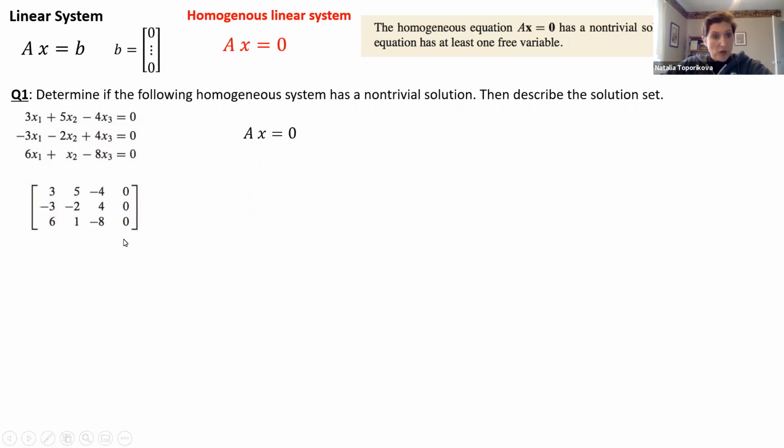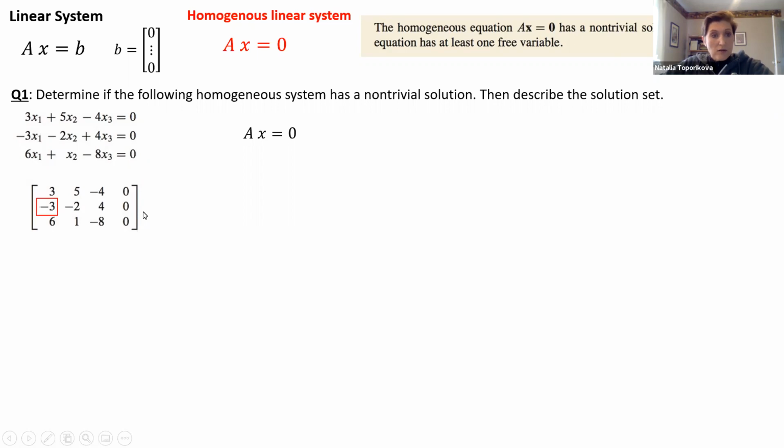This is the augmented matrix of the system: the first column is formed by the coefficients of x1, the second by the coefficients of x2, the third by the coefficients of x3, and the last column is just the right-hand side of the equation.